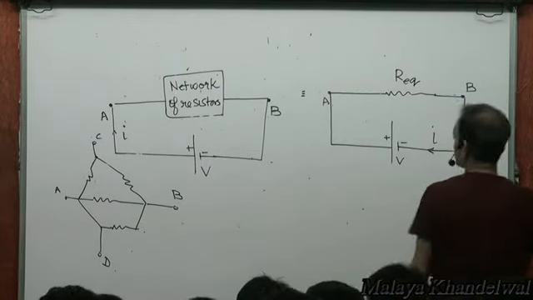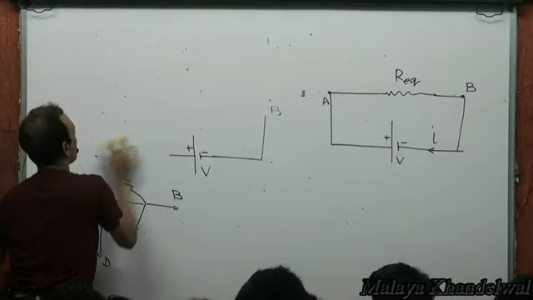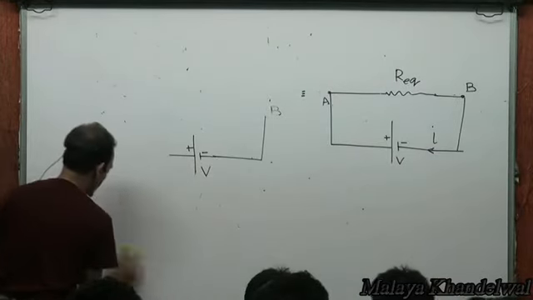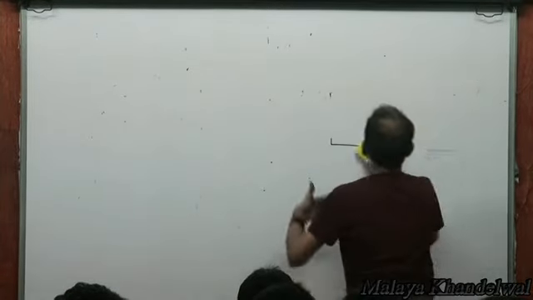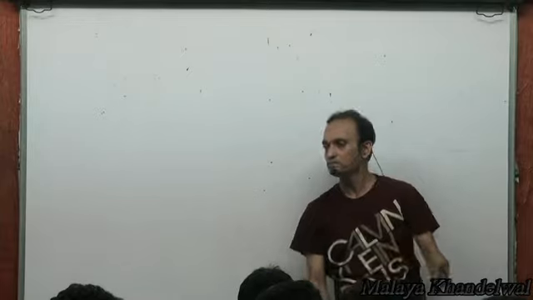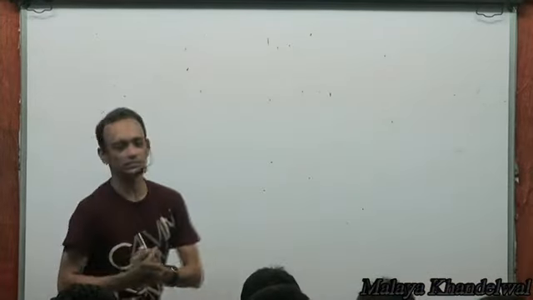Now, the simplest network of resistors are resistors in series and resistors in parallel. Those are the simplest possible network of resistors.